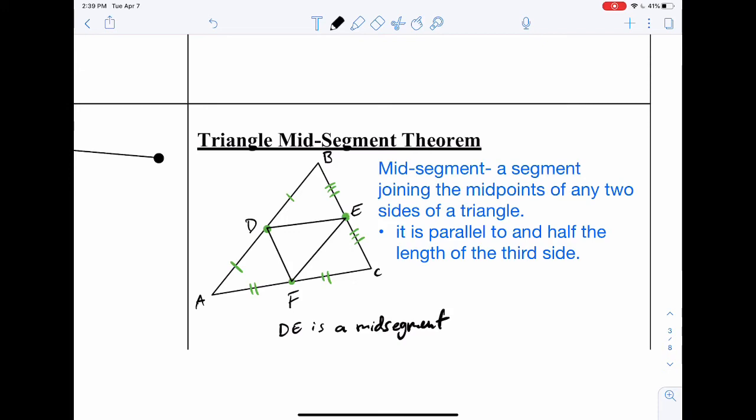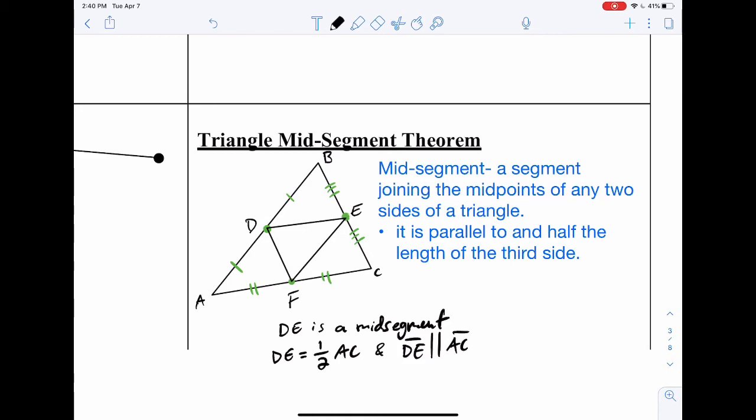And as we proved in the previous problem, as a mid-segment, the length of DE is half the length of AC, and segment DE is parallel to segment AC.